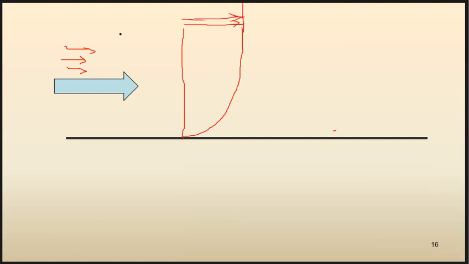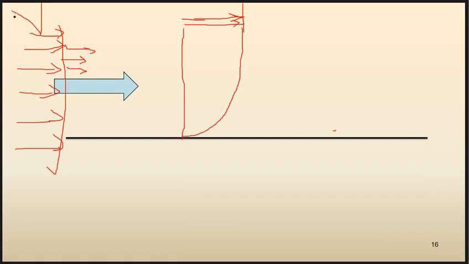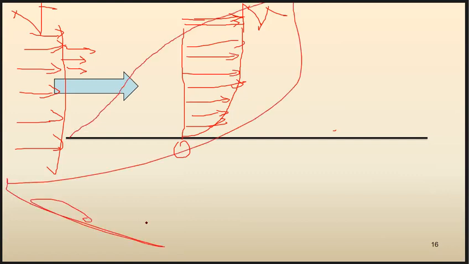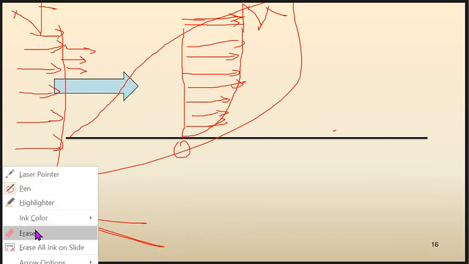What is the free stream velocity? Free stream velocity is the velocity of the fluid just before hitting the surface, uniform velocity. This is called, let's say, V or U infinity. So velocity changes from 0 to V. So we have a velocity distribution. This is the velocity profile at this specific X location.